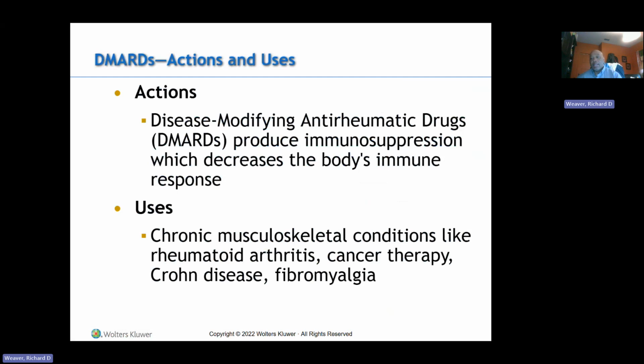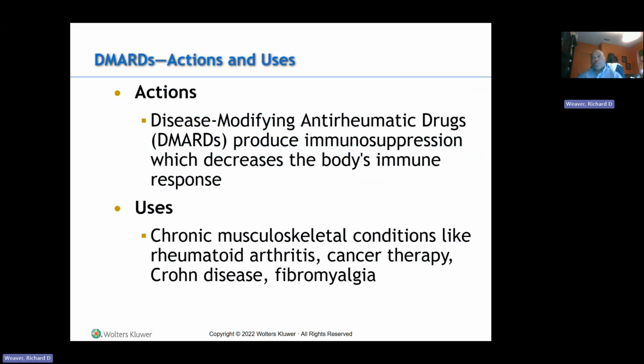Now, the most common DMARDs include your methotrexate. Some of you probably heard of that one. The sulfasalazine, your hydroxychloroquine, and your leflunomide.